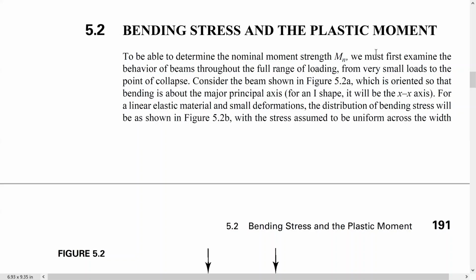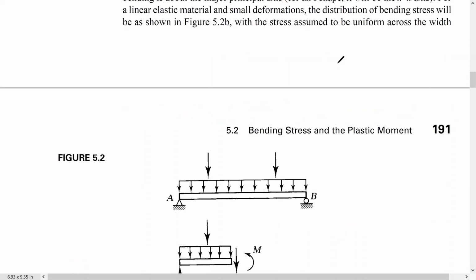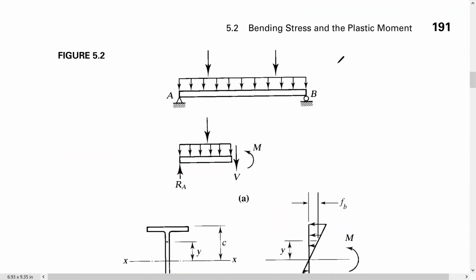So the first step, we need to determine the nominal moment strength, which is Mn here. Okay, and let's first check the behavior of the beams under the loading, let's say from very small loads to the point of collapse or forming a plastic hinge. So here, let's consider this beam here, okay?